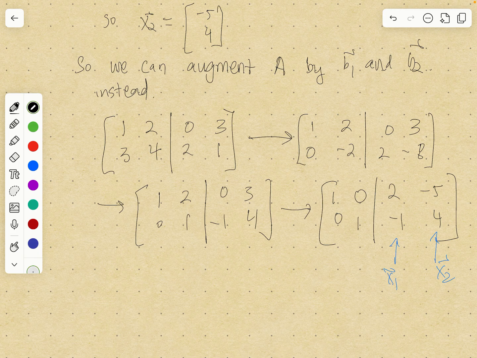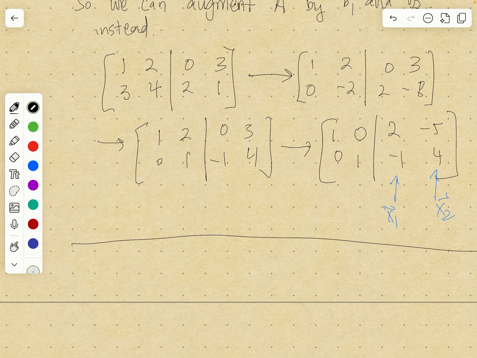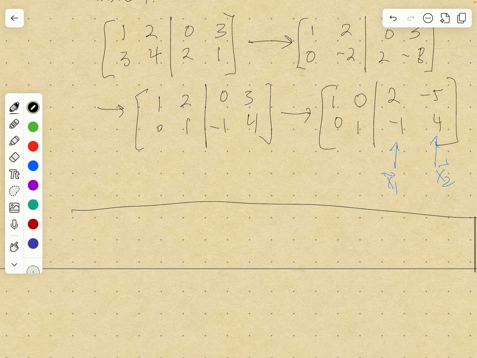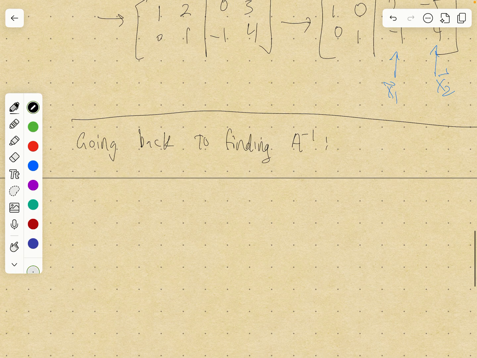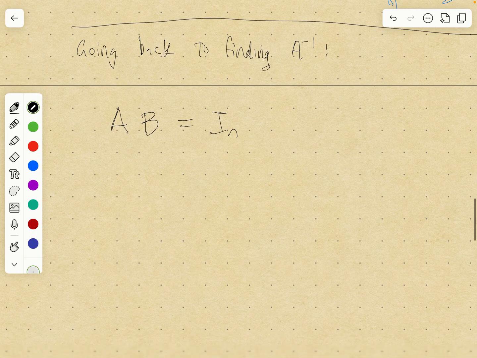Okay, now let's apply what we just learned to the problem of finding inverses. So going back to finding A inverse, what we're trying to do is come up with a matrix B such that A times B is the n by n identity matrix.